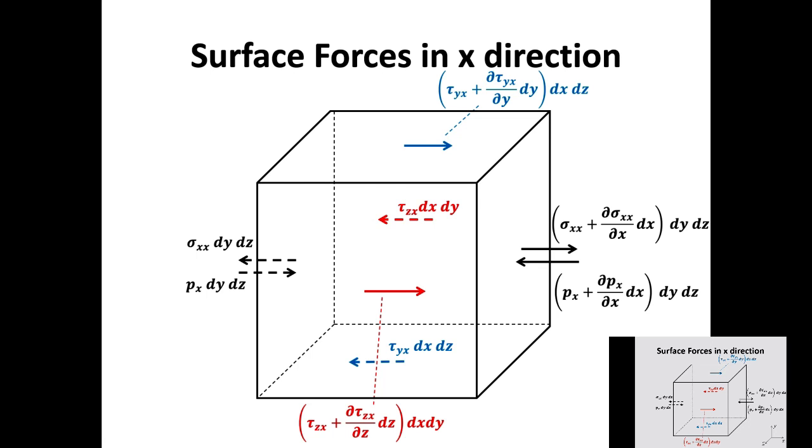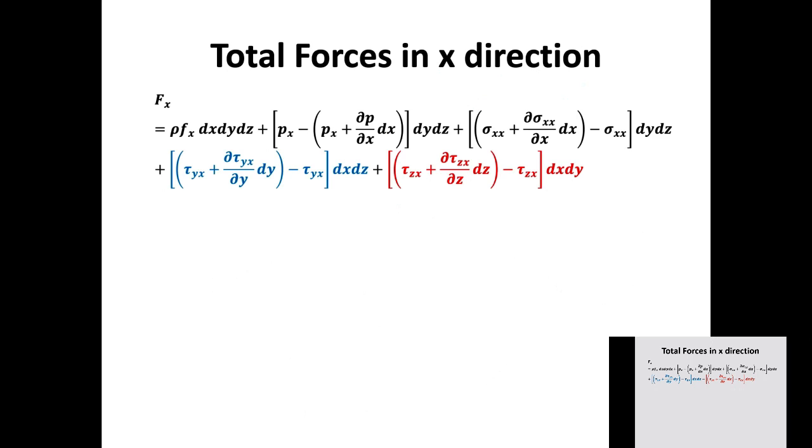in the x direction. So in the x direction, when you add all of them together, your force is equal to the pressure force, the normal stress, and the shear stress. Okay.